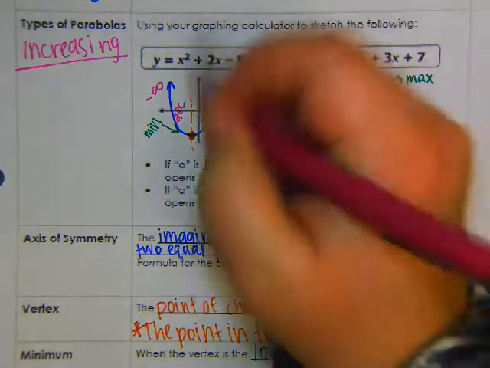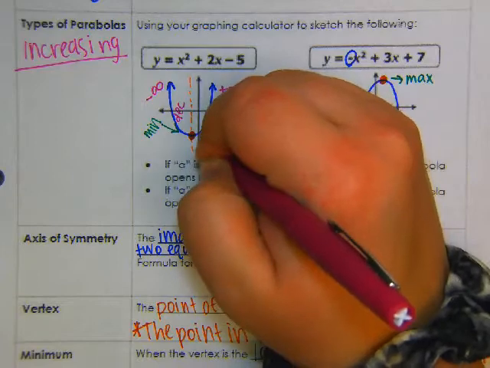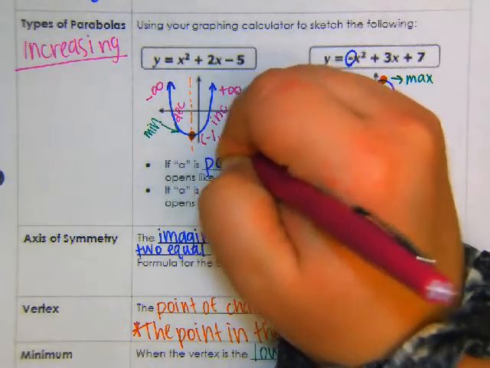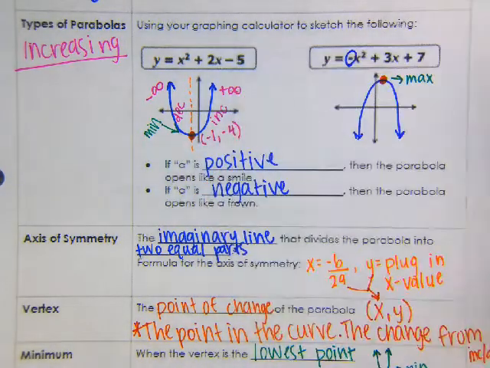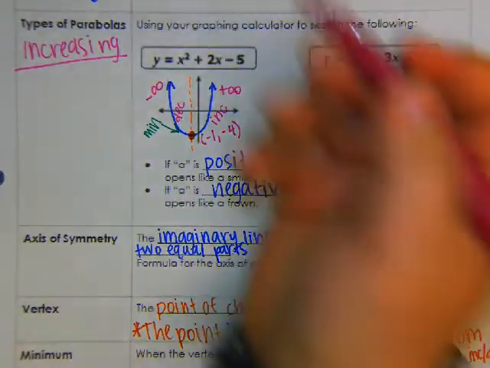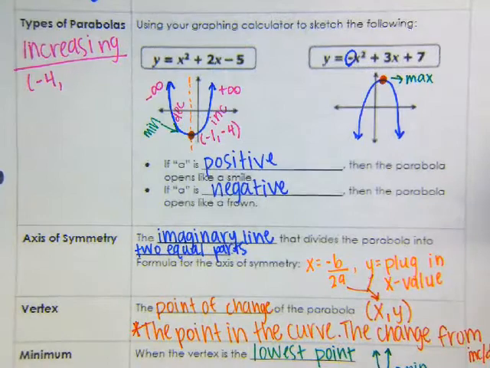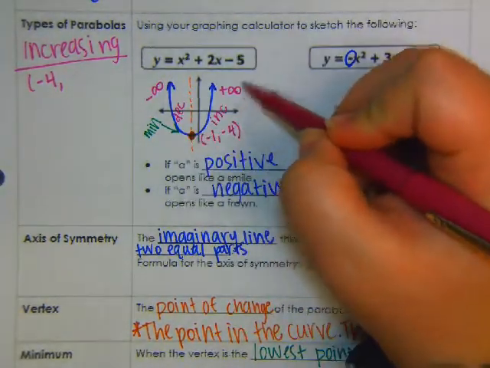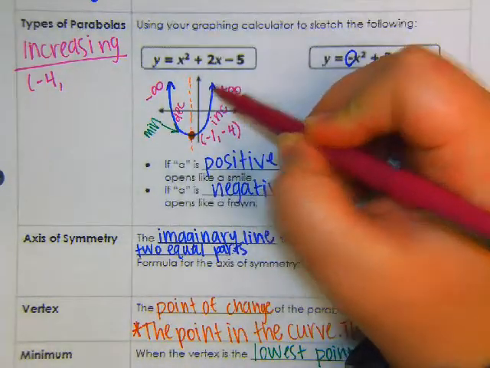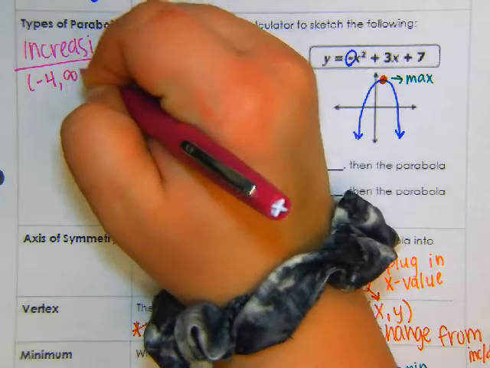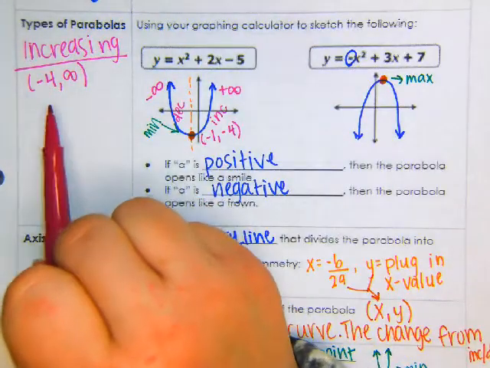So let's say this vertex point is -1, -4, okay? Then starting at -4, I increase until infinity because my graph is going up forever. So this would be my interval of increasing.